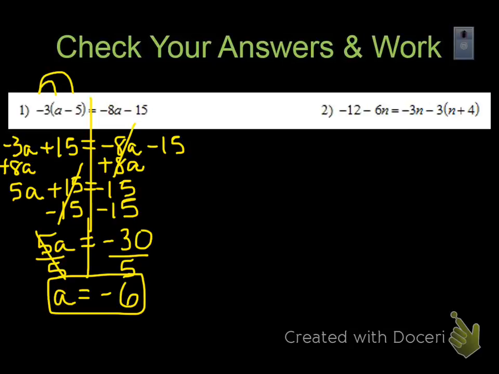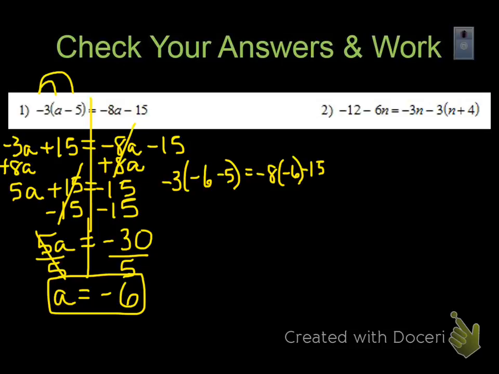If I go to check that here, I need to get a true statement when I sub that back into the original equation. So negative 3, parentheses, negative 6 minus 5 equals negative 8 times negative 6 minus 15.